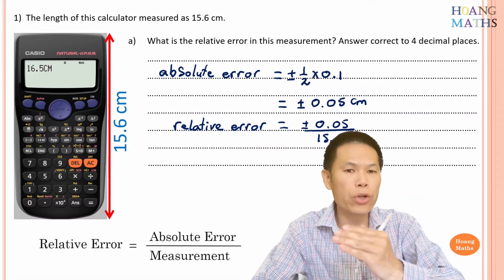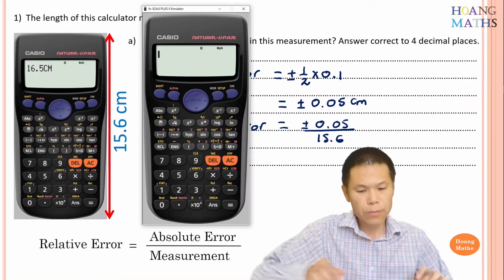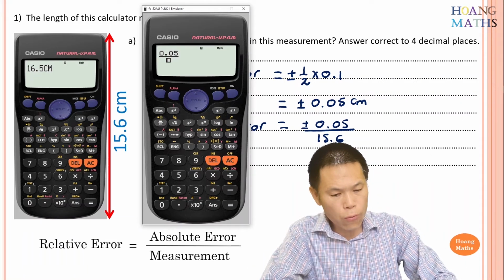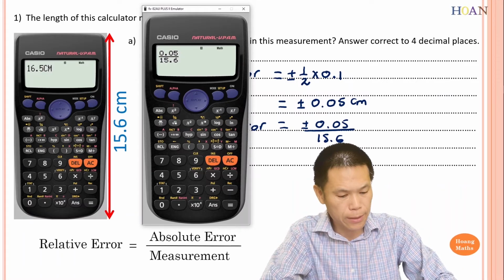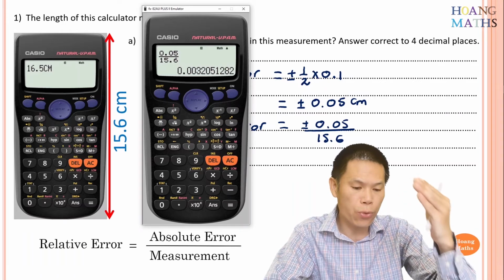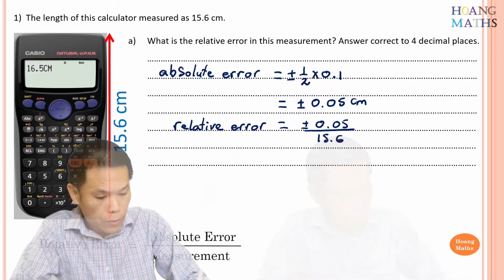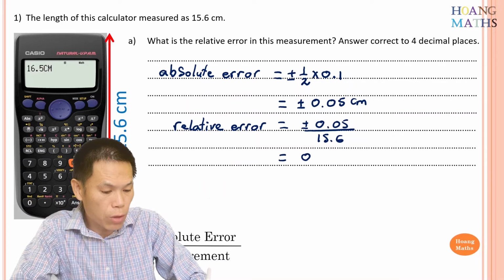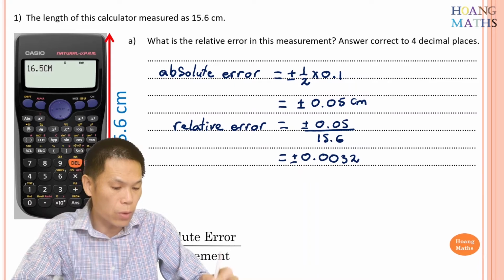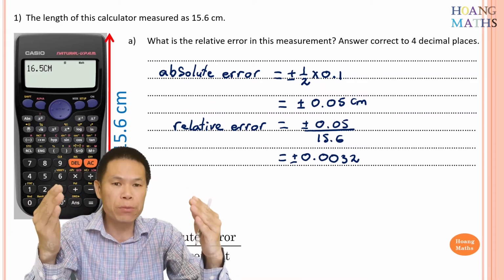Now I just put it in the calculator: 0.05 divided by 15.6 is equal to plus or minus 0.0032. So this is a very, very small number.